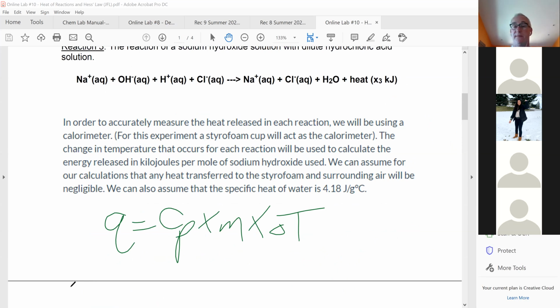Then we're going to convert them to how many moles of sodium hydroxide were dissolved, how many moles of sodium hydroxide interacted with HCl, how many moles of water was produced, and then convert. So then we'll convert Q to delta H reaction, and see if we can add our delta H's together.